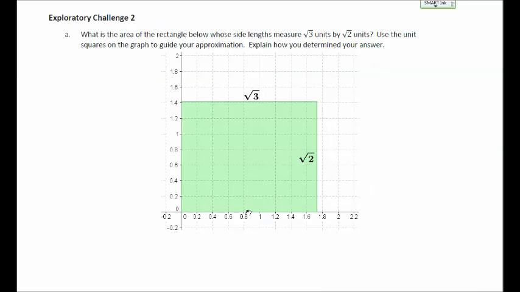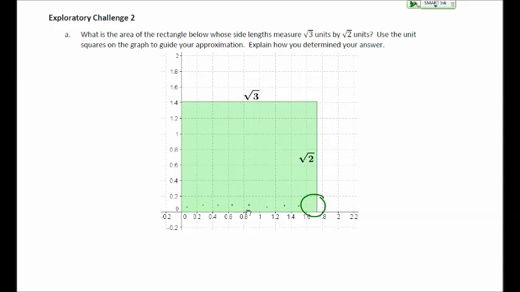In Exploratory Challenge 2, we are asked to find the area of this rectangle whose side length measures are √3 by √2. Now we can, again, count the number of square units inside this, but as you begin to count, we run into problems right here where we don't have a full square like we did in the last problem.